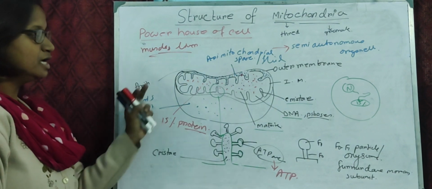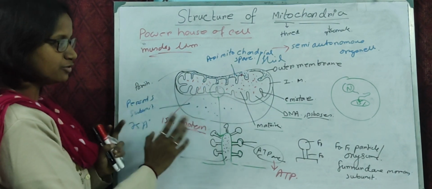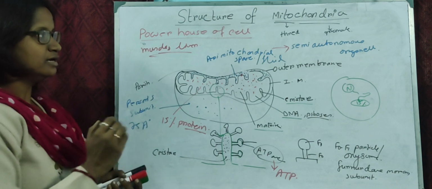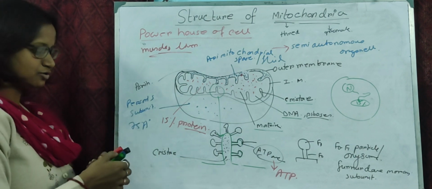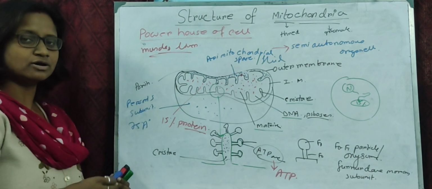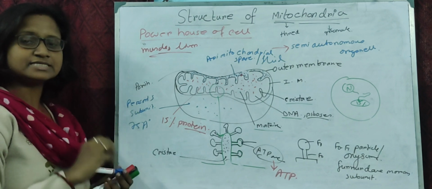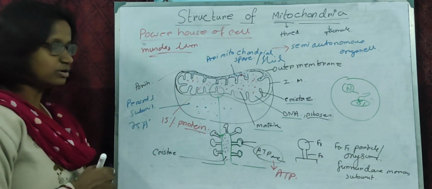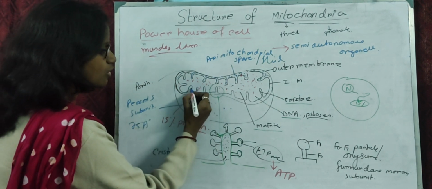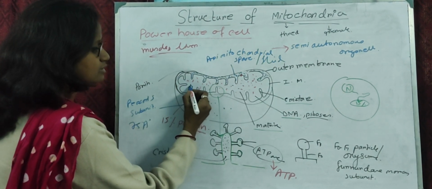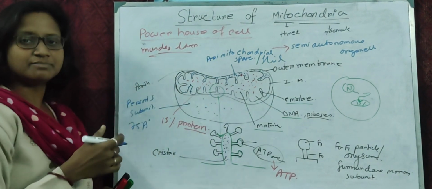Okay. So this is all about the mitochondria, and one more thing about the main function of the mitochondria: there are some complexes. Those complexes are different types of proteins, complex 1, 2, 3 and 4. These are located on the surface of the inner membrane.